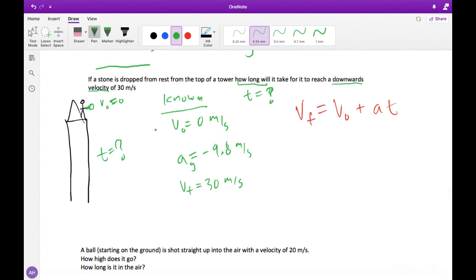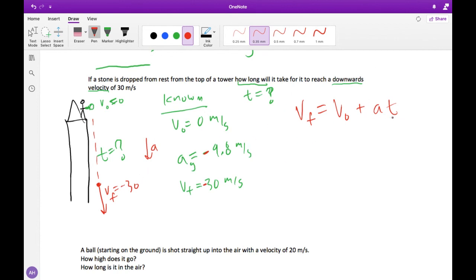Just like our acceleration is downwards, once this stone gets to whatever point it's at, let's say here, the final velocity is also going to be downwards. So this should actually be negative 30. Similarly, the acceleration is negative because it's also pointing downwards.